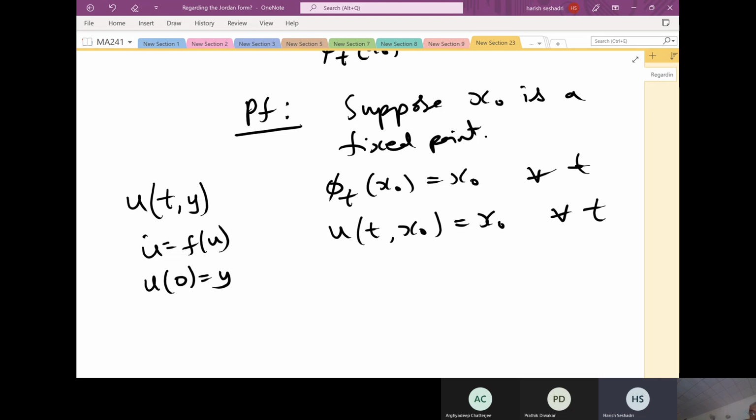From this, how do you conclude that f of x naught is 0? Any suggestions? Differentiate with respect to what? Time. So just take the derivative of this, the solution, with respect to time.